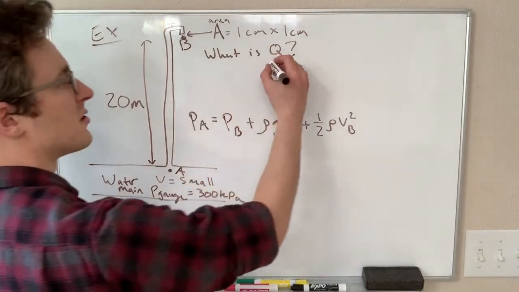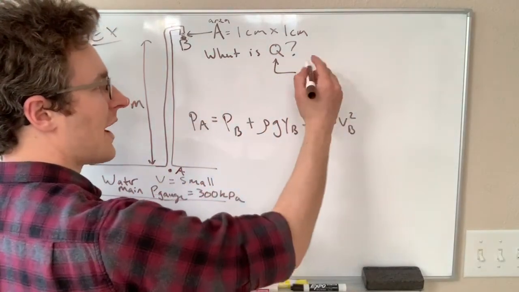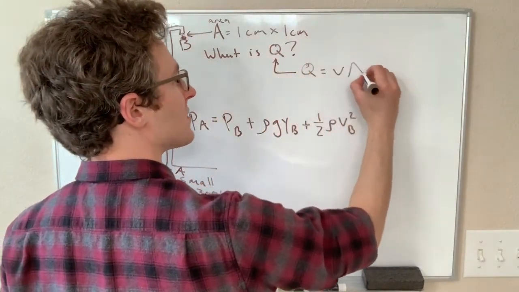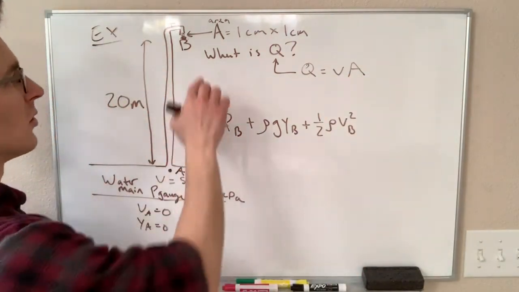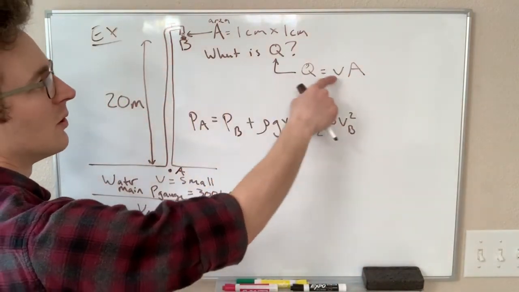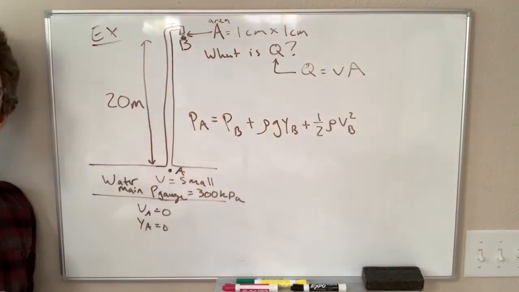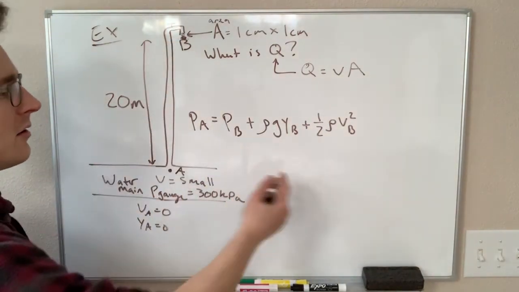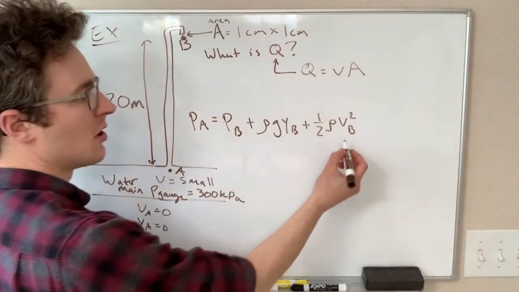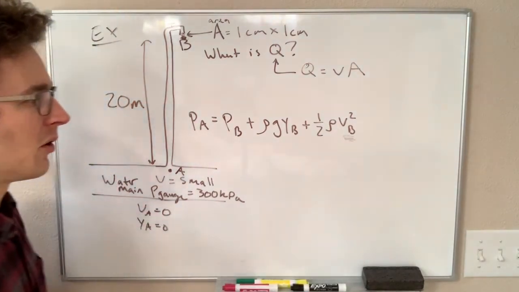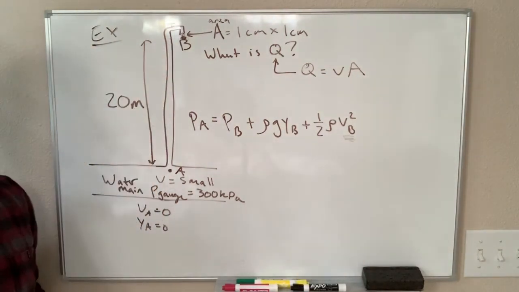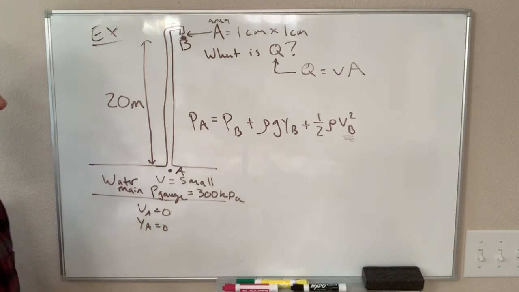So if we want to find Q, we know from the last video that Q equals VA. So if we're given A and we want Q, we need to find what the velocity is coming out of there. So that is why I jumped to using Bernoulli's equation. What we really want to do is find out what the velocity at point B is.